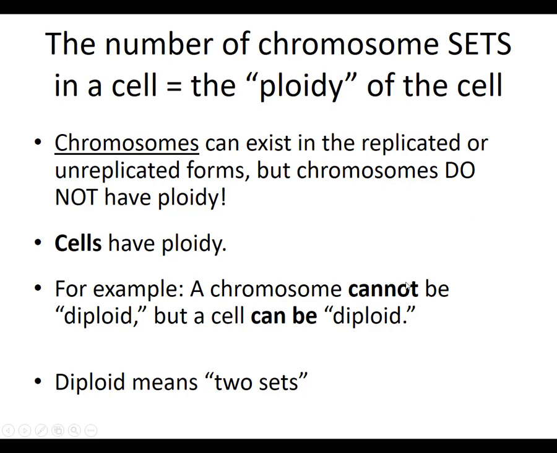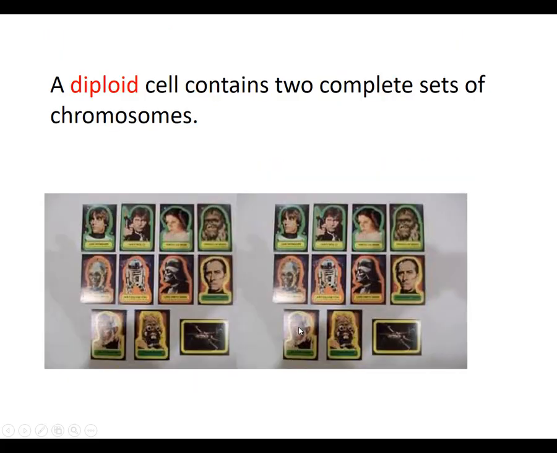How can one chromosome contain a whole set of chromosomes? That doesn't make sense. But a cell can contain full sets of chromosomes. So a cell has ploidy. If a cell contains two full sets of chromosomes, then the cell is called diploid. So a diploid cell contains two complete sets of chromosomes.